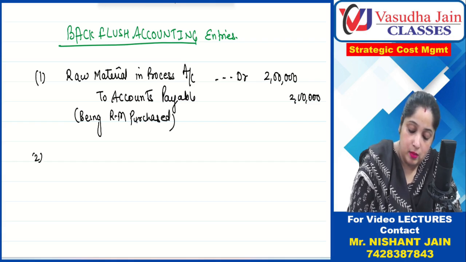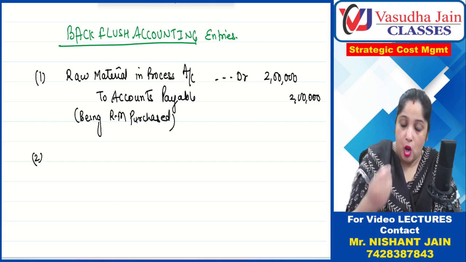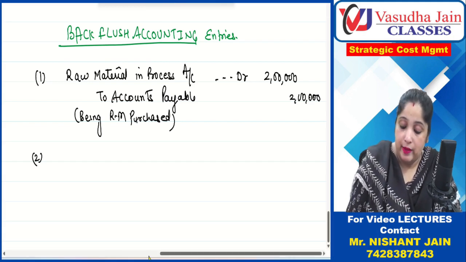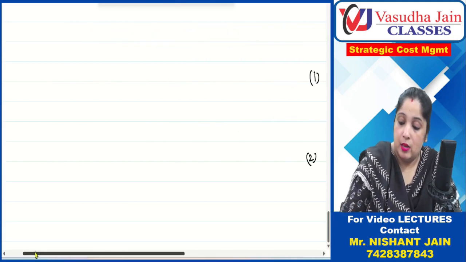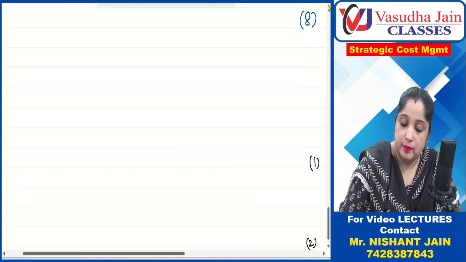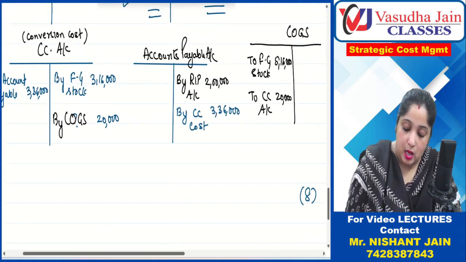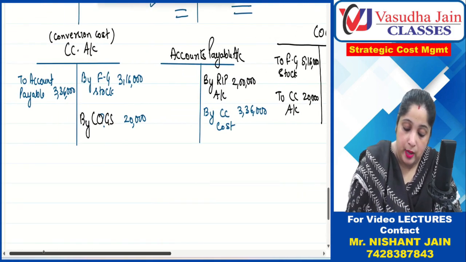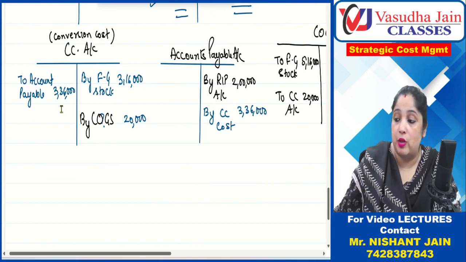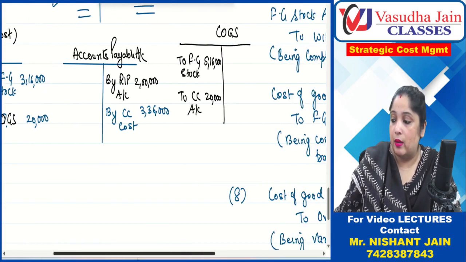Then whatever cost you have incurred, direct wages and indirect wages, you can see here. Conversion cost, what conversion cost have you incurred? 3,36,000 is the conversion cost that you have incurred.